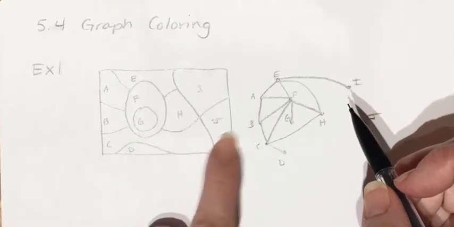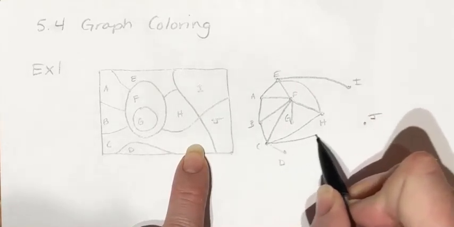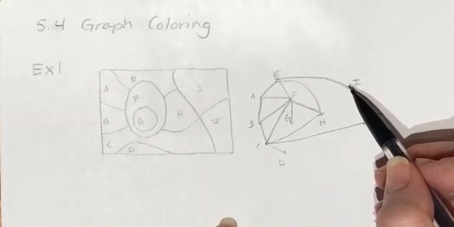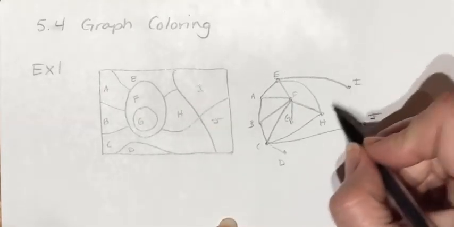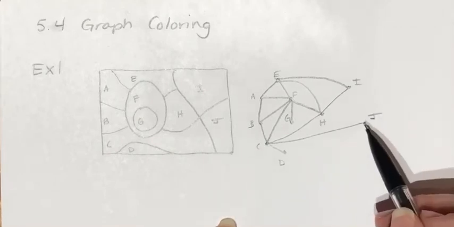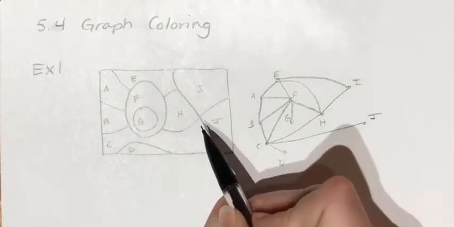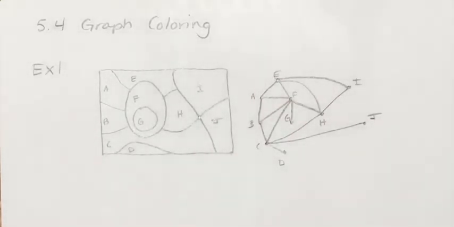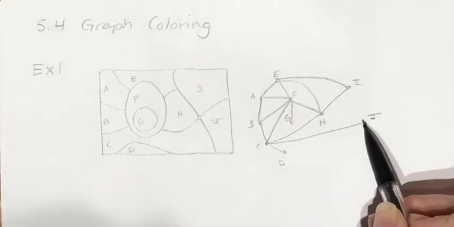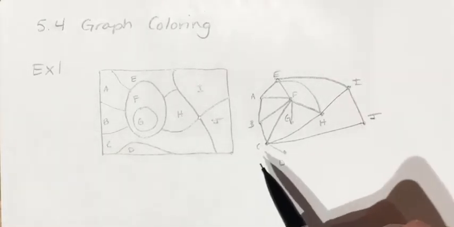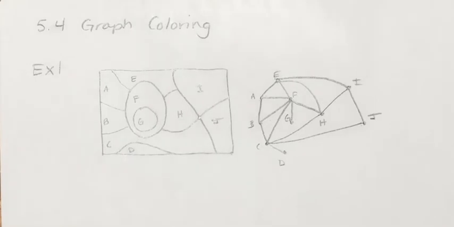And then C also touches J. I touches E and H, and J touches I. If they share a vertex, like this shares a corner, they don't actually share a border, okay? And so in this case, J just touches I and C, okay?